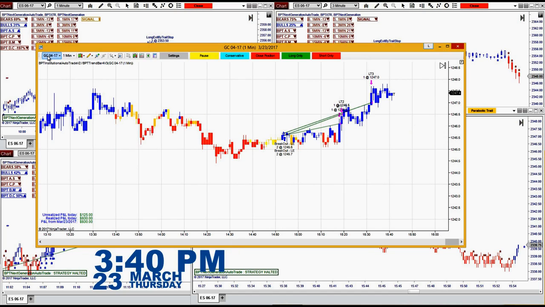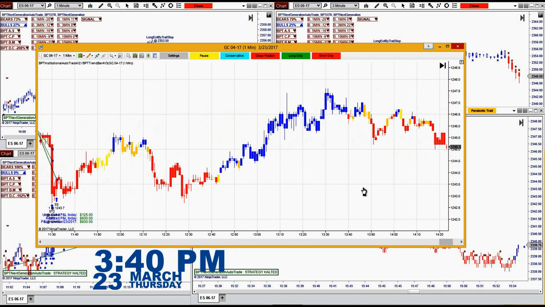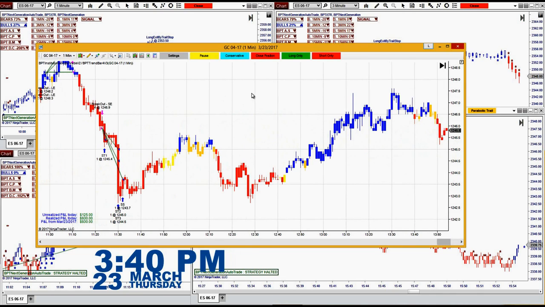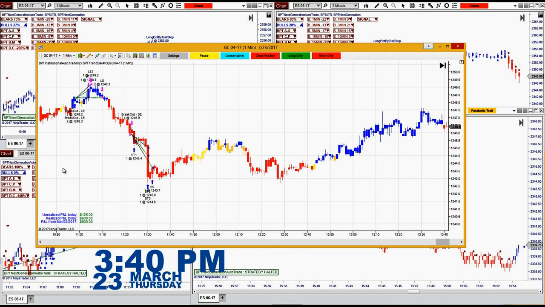As an example, today on the gold, we had the conservative button. You just click on conservative. That means if the trend is not strong, the auto trade is not going to take a trade. We took 3 trades today, actually, and let's look at those 3 trades, and there is a big time between each one of them.